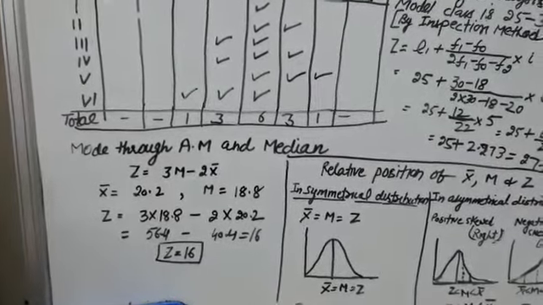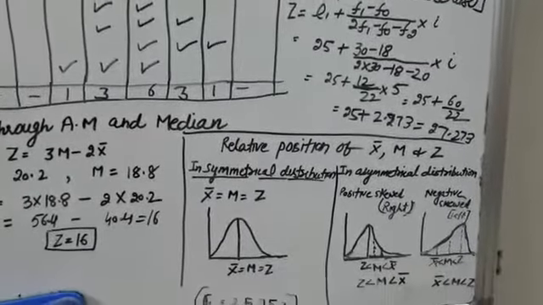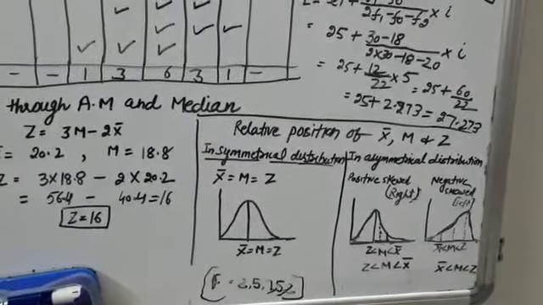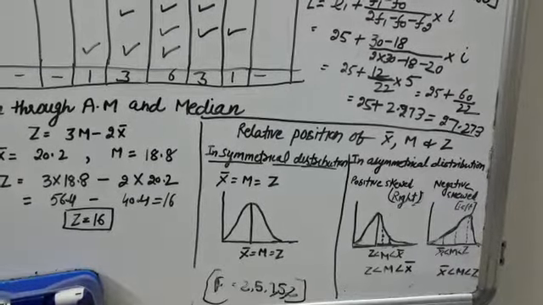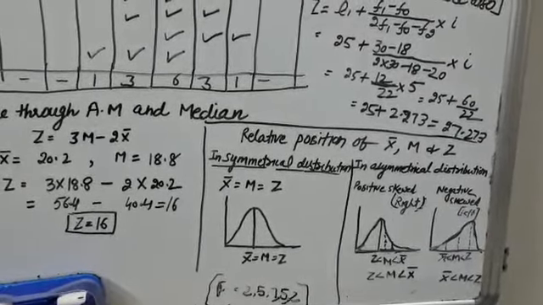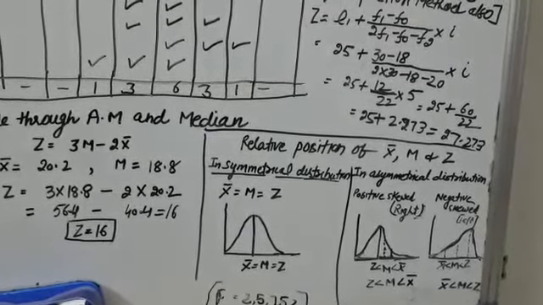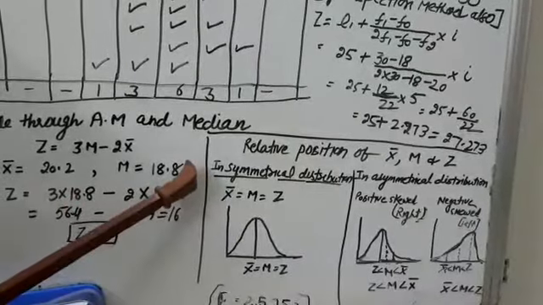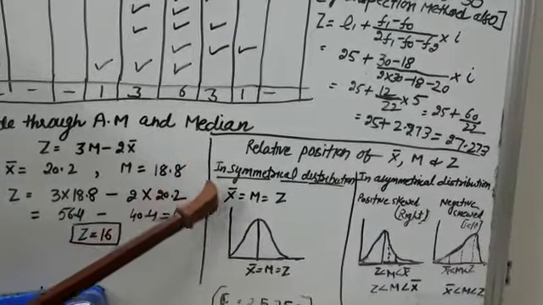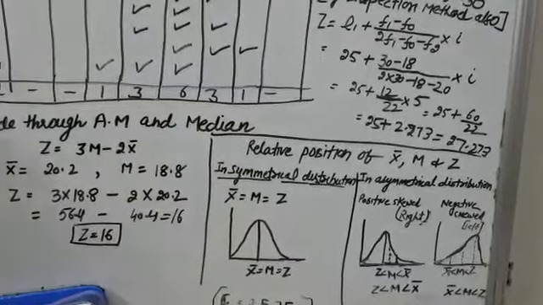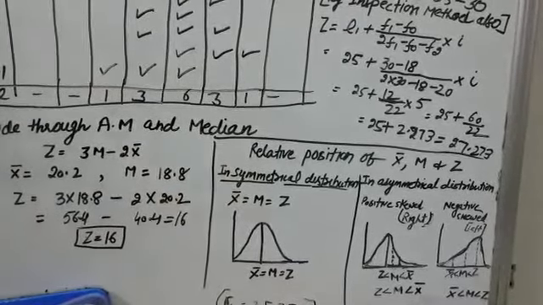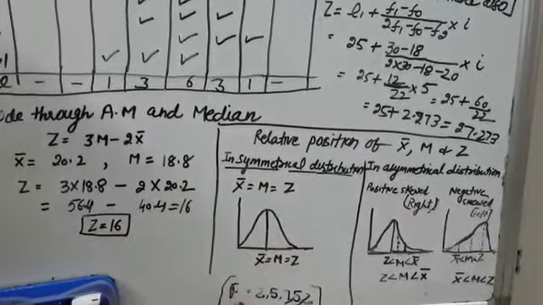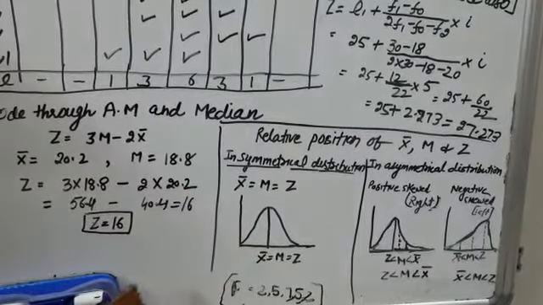Now let us study the relationship between mean, median and mode, or the relative position of mean, median and mode. The relative position of mean, median and mode can be studied under two headings: if the frequency distribution is symmetrical and if the frequency distribution is asymmetrical. If it is symmetrical, symmetrical means frequencies are like this: 2, 5, 7, 5, 2.